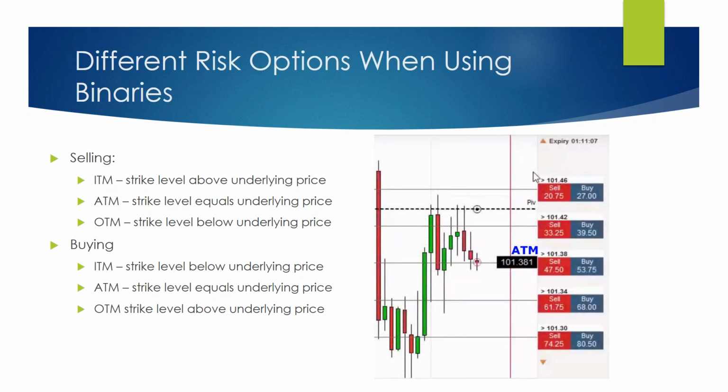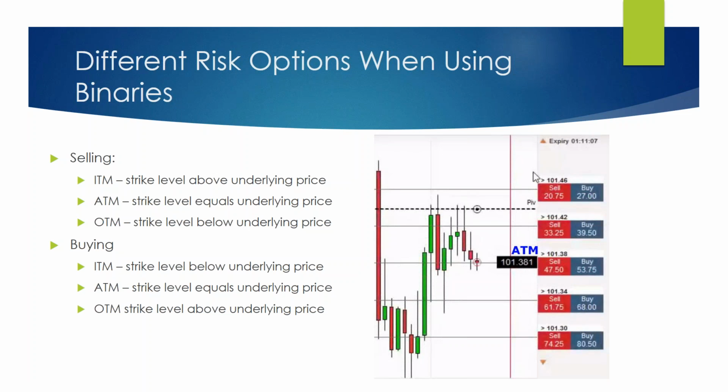Now your out-of-the-money strike when selling will be below the at-the-money. So that could be 101.34, it could be 101.30. Both would be out-of-the-money binary options. If you're buying, it is actually the opposite. Your at-the-money is still where price is currently trading.